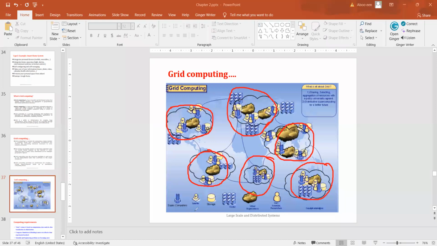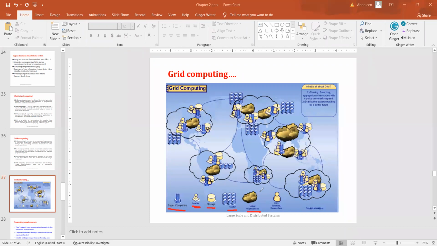So what are the components? See the notation of these components. You see, supercomputers. What else? Satellite. This one? Storage, databases. This one? Clusters. Clusters mean a collection of computer nodes. This one?